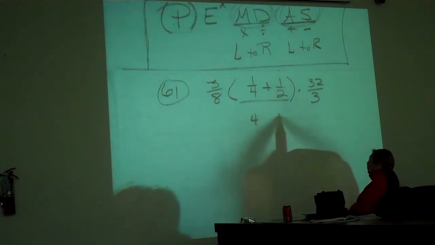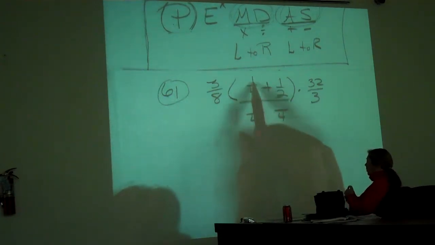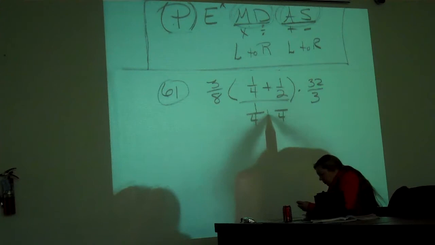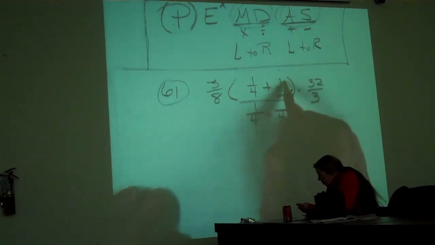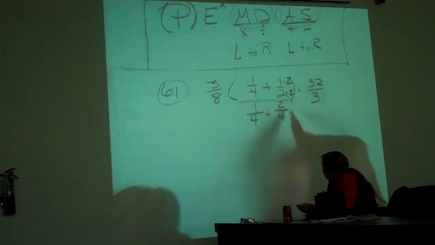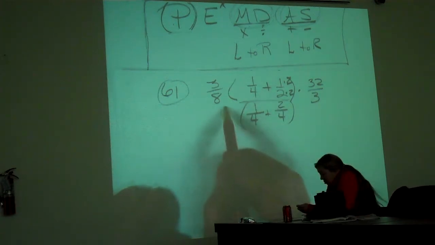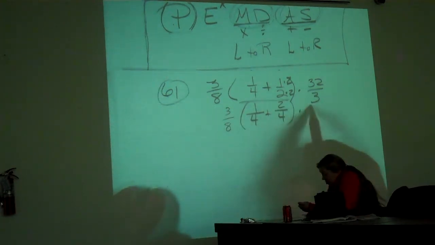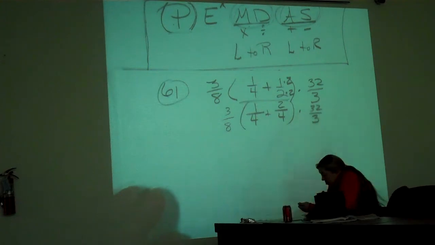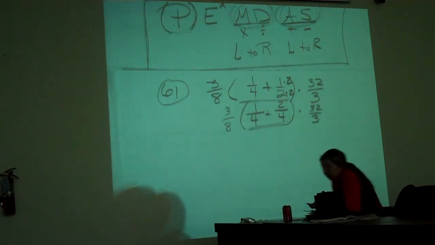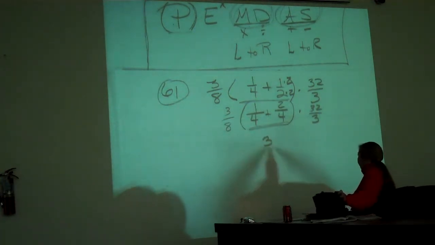Which is 4. This stays, so the 1 stays. 2 times 2 is 4. 1 times 2 is 2. So rewrite everything. Okay, still we're doing our parentheses, 1/4 plus 2/4 is 3/4, right?